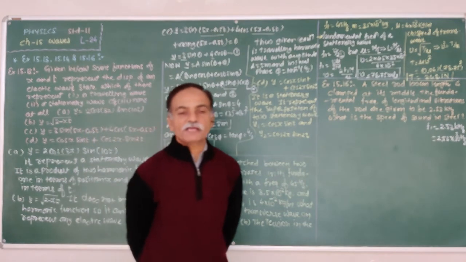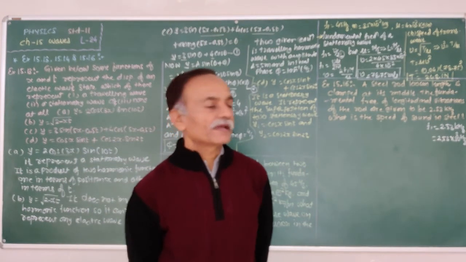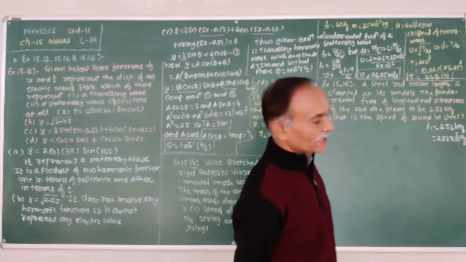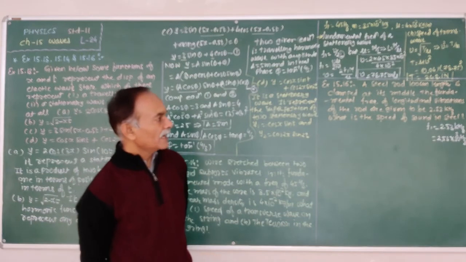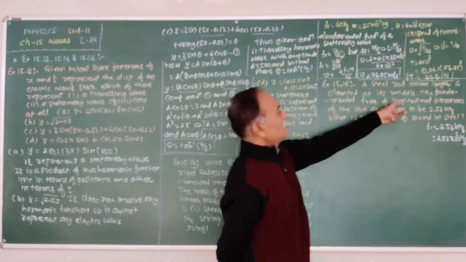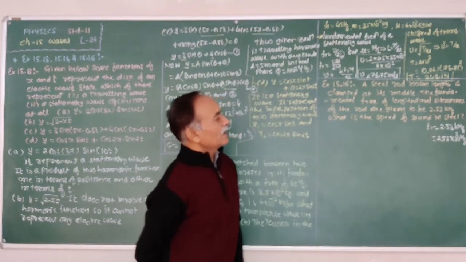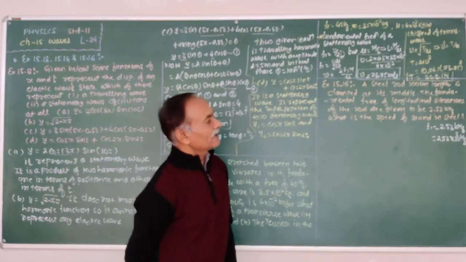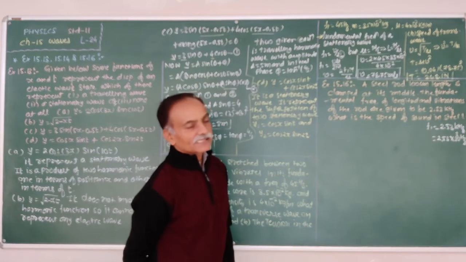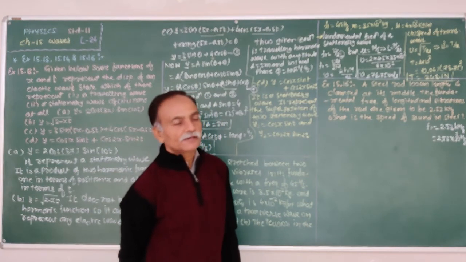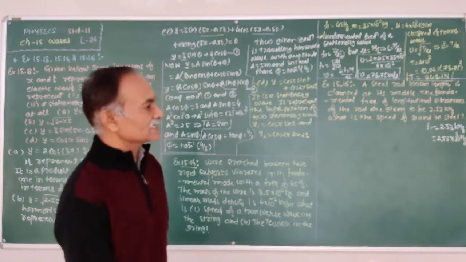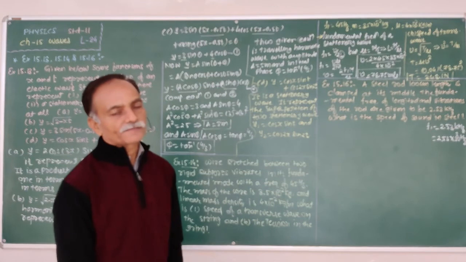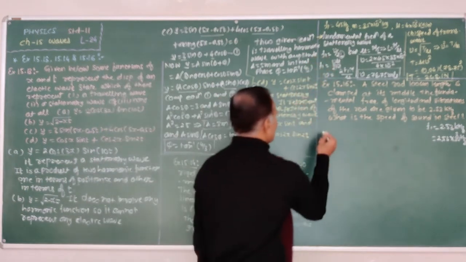We know that the speed of a sound wave V is equal to frequency into wavelength. Frequency is given, we have to find out the wavelength. And also, here the frequency of the longitudinal vibration of the rod is given to be 2.53 kilohertz, and that is the fundamental frequency. Therefore, the rod oscillates with the fundamental mode of oscillation. That means n is equal to 1. For that purpose, we can write it this way.